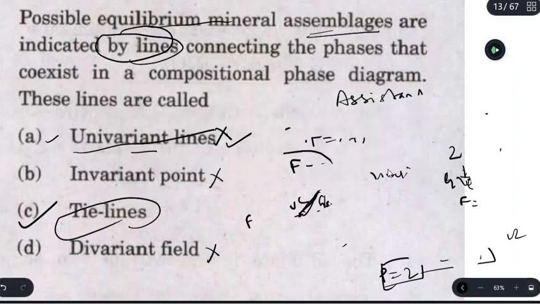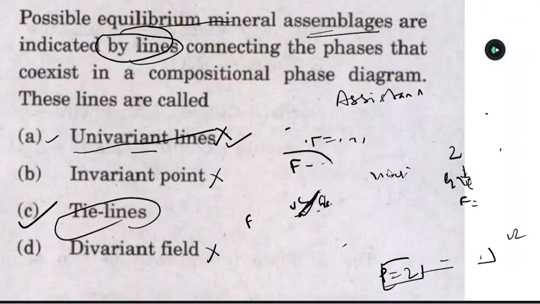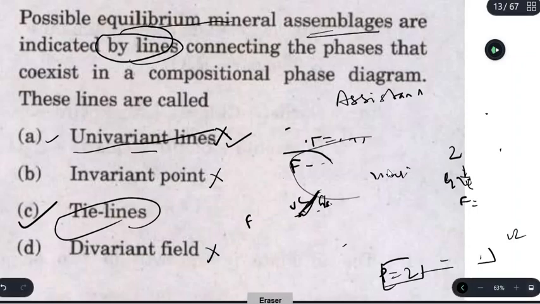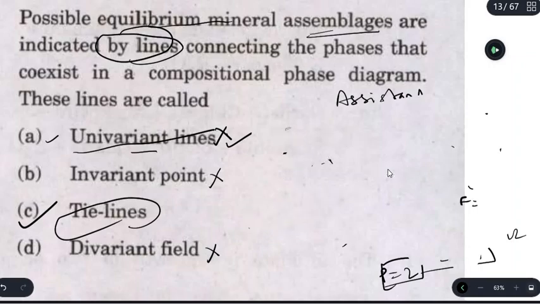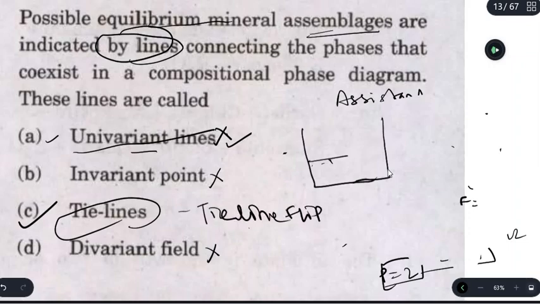These are not connecting the line between the same phase. If you mark, suppose, मैं igneous से correlate करता हूँ, ठीक है? Then we will understand. So reaction is due to these, the tie line flip reaction will be there. ठीक है? Tie line flip reaction.